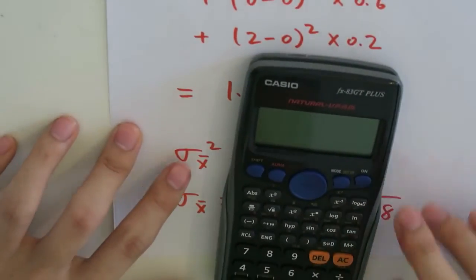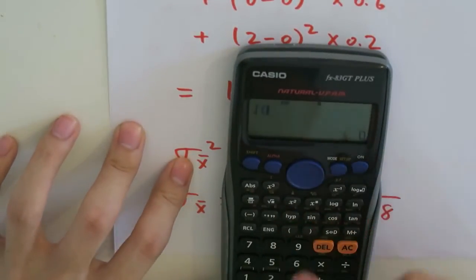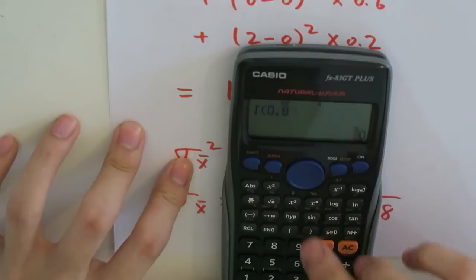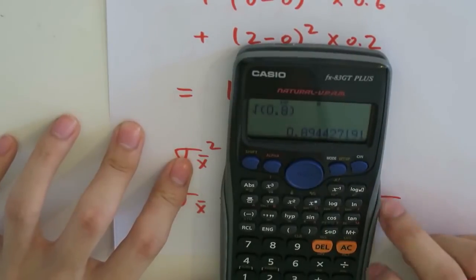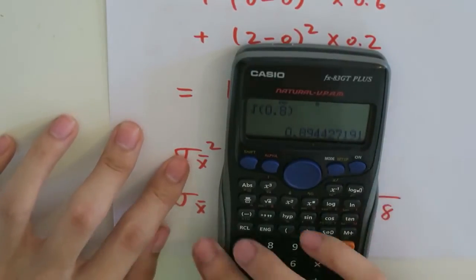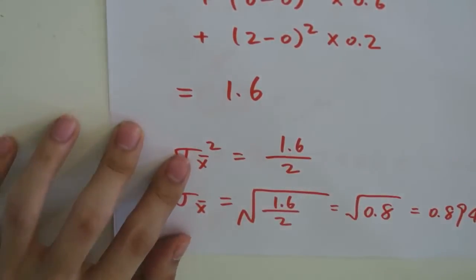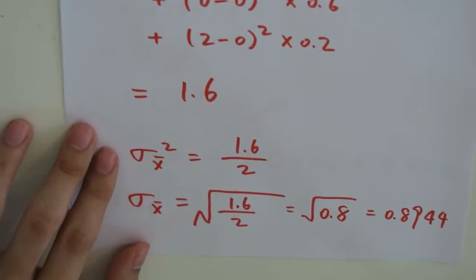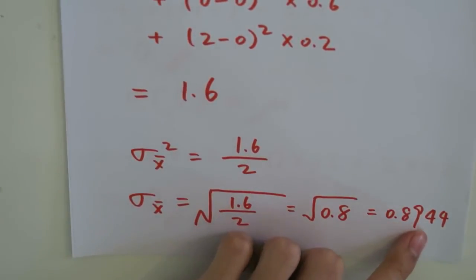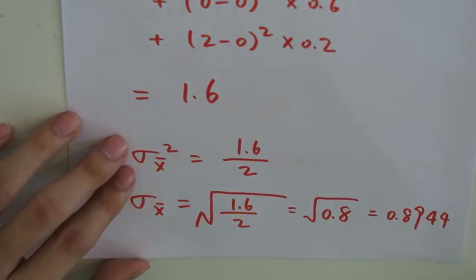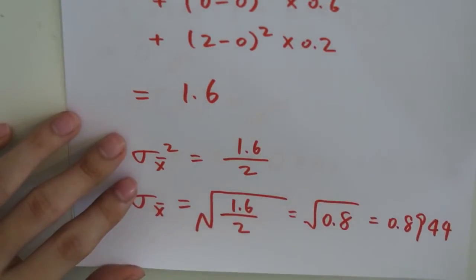If you use a calculator, the square root of 0.8 is 0.8944. That means the standard error is 0.8944. This is the first approach. We also have a second approach.